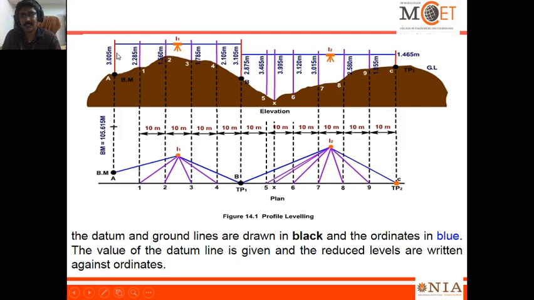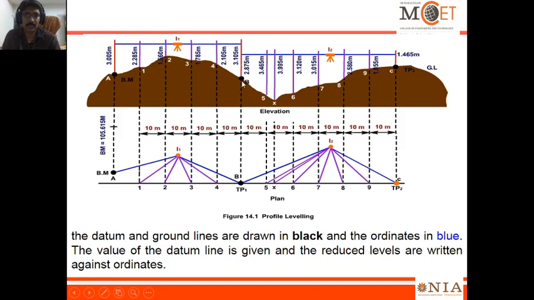Over that the leveling staff was held and the staff reading was taken, it was 3.005. From that, wherever we need the profile, the leveling staff was held at those points and the staff readings were taken.